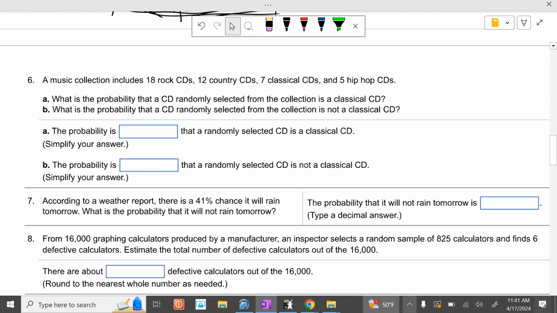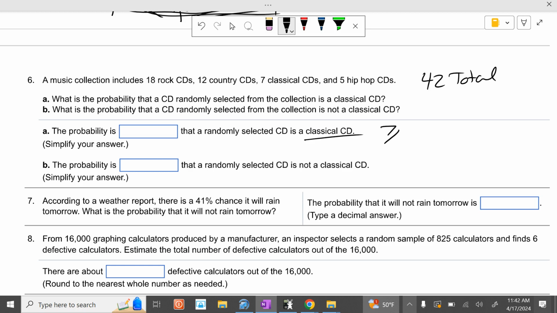All right, a music collection. 18 rock CDs, 12 country CDs, 7 classical CDs, 5 hip-hop CDs. When you add 18, 12, 7, and 5, you should get what? 42 total. What's the probability of selecting a classical one?